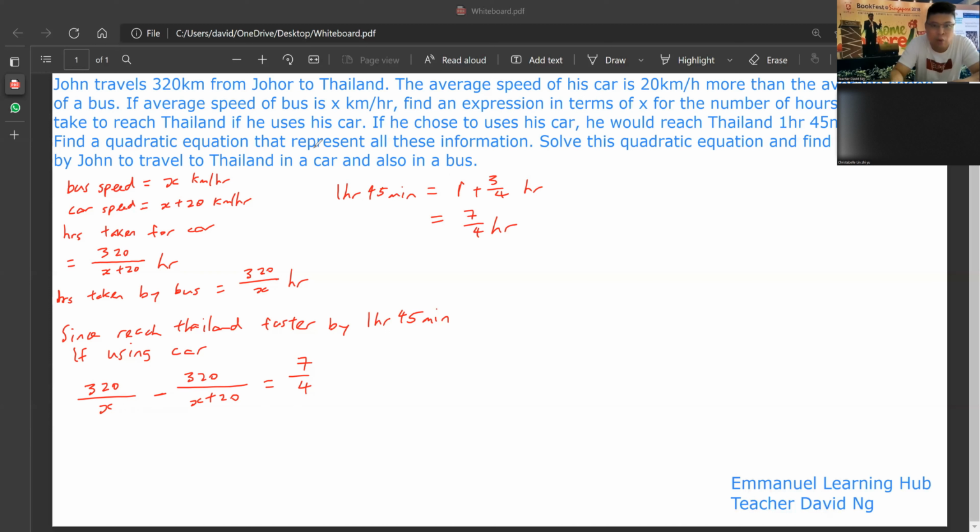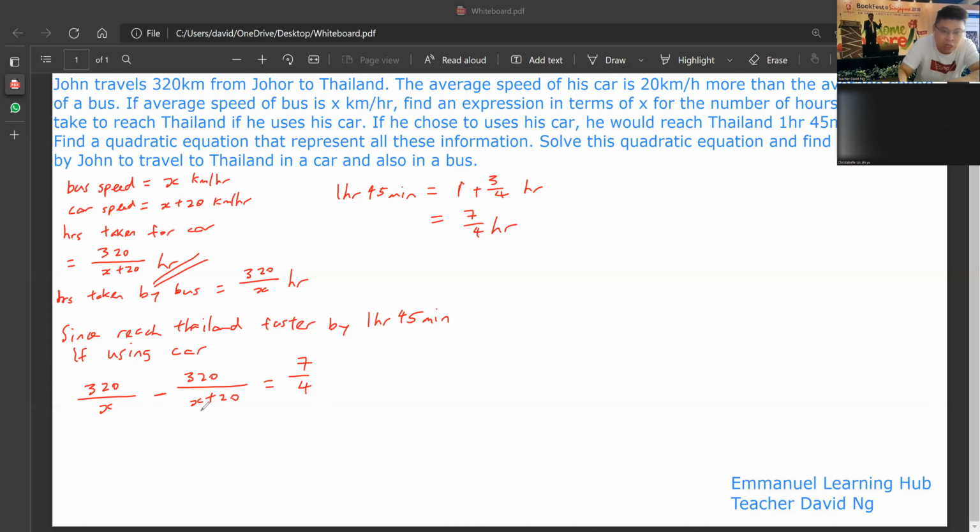Now find the quadratic equation. I haven't found my quadratic equation yet, so I'm going to find it. This is the expression for the number of hours John takes to reach Thailand if he uses car. Now I'm doing the part to find the quadratic equation.